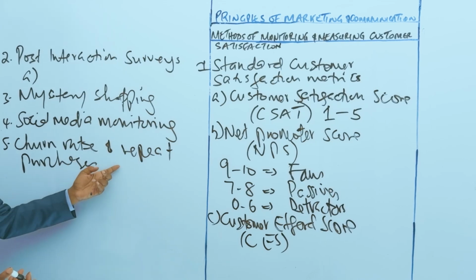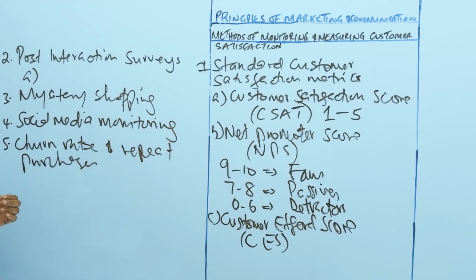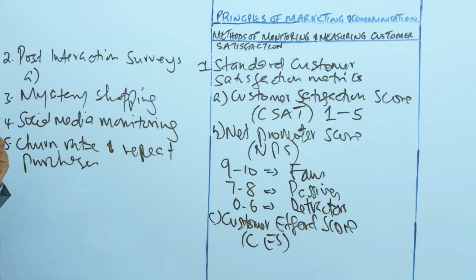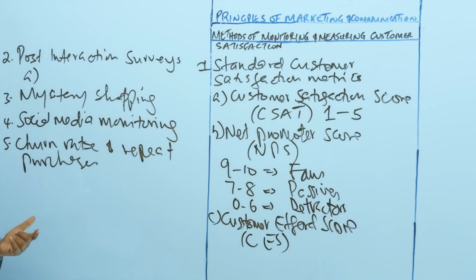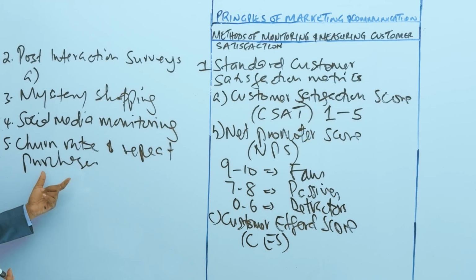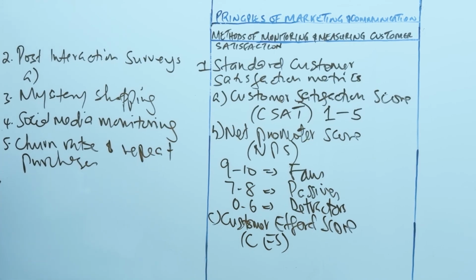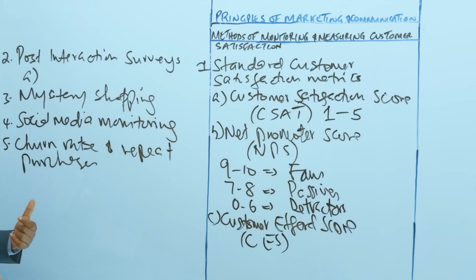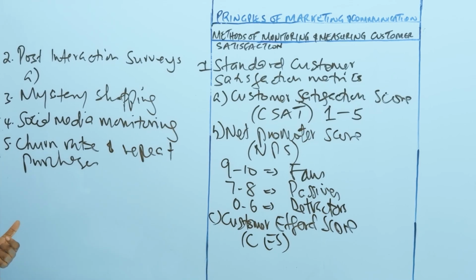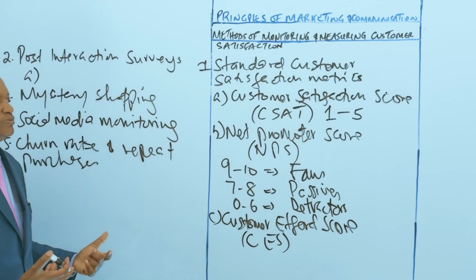Then there are repeat purchases. The repeat purchase rate is the percentage of customers who have bought more than once. And the logic here is, if your satisfaction scores are high, but your repeat purchase rate is low, then your customers might be lying to you politely, or your competitors are offering better value.